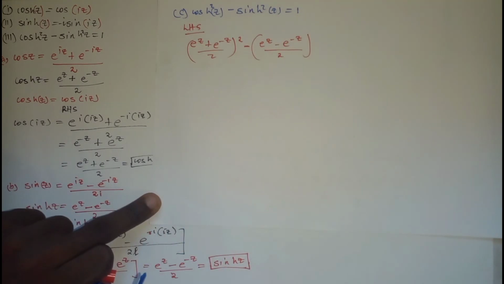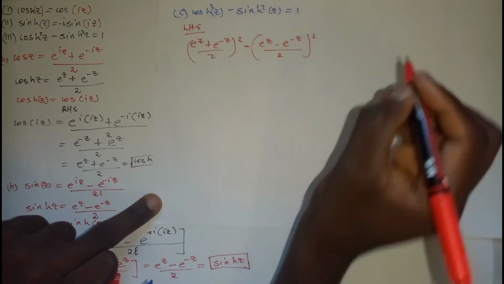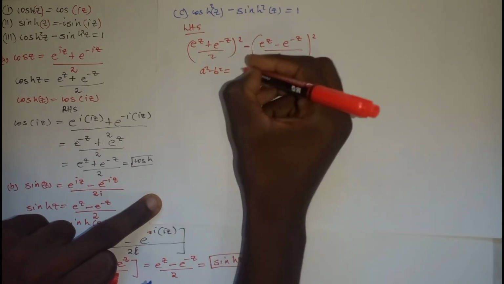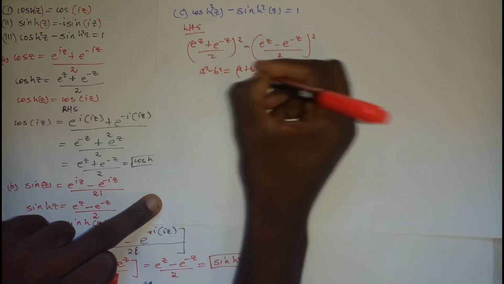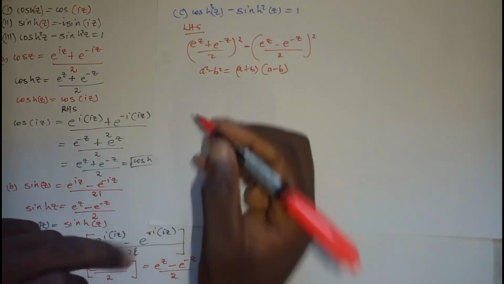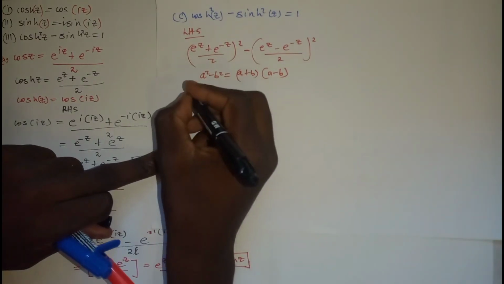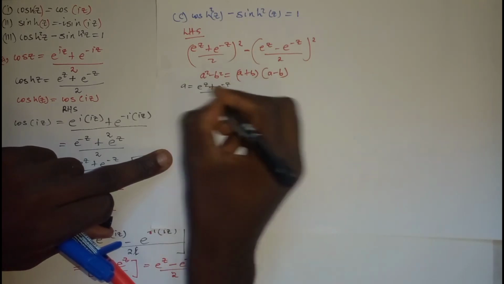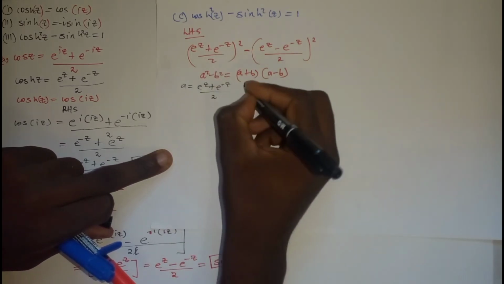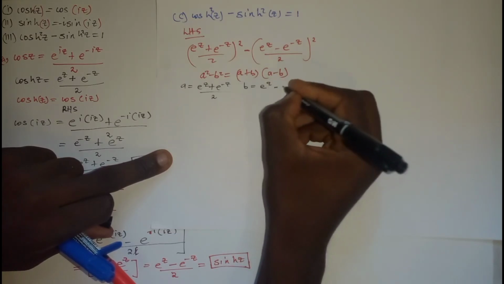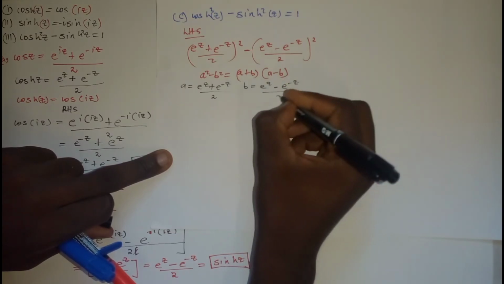So now I'm going to expand. For expanding this, I'm going to use this law: a squared minus b squared is equal to a plus b times a minus b. Now what is a and what is b? Okay, so a is e to the power z plus e to the power negative z divided by 2, and b is equal to e to the power z minus e to the power negative z divided by 2.